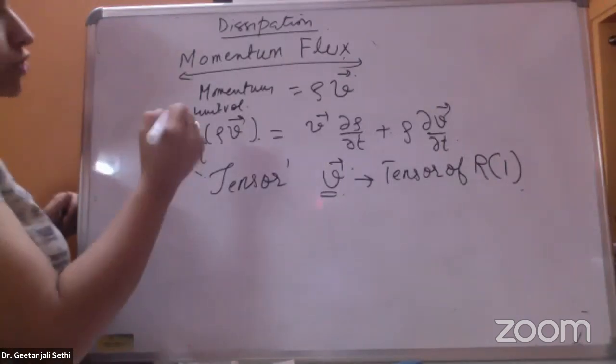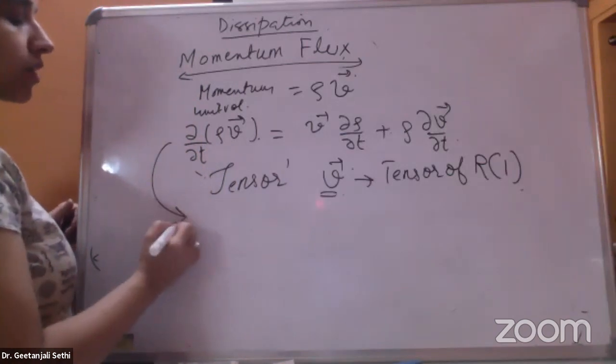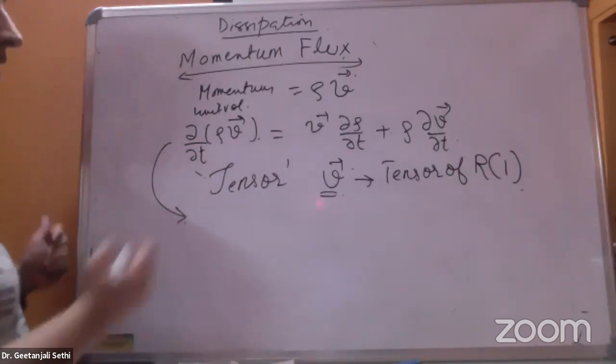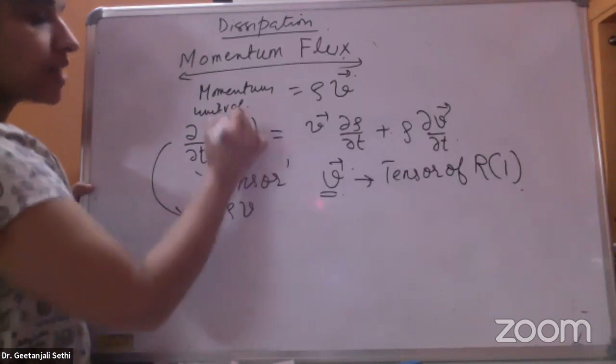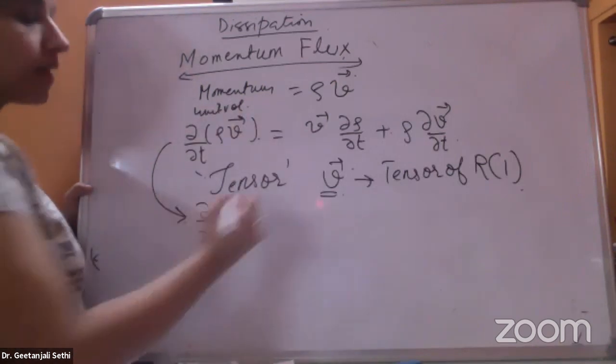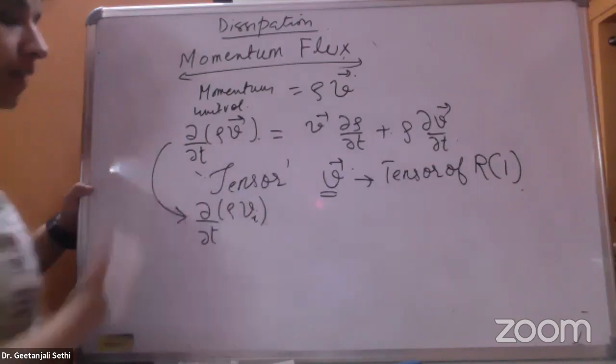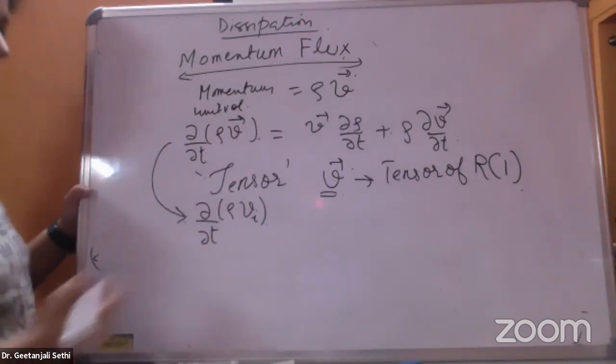So I'm just going to write this equation using indices. Instead of putting a vector sign, I'm going to put an index.